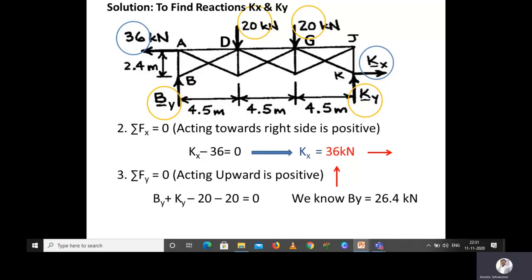So if we substitute By is equal to 26.4 kilonewton in the equation, we will get Ky as 13.6 kilonewton. Again our assumption is correct because we got the answer in positive. So now we have calculated all the reactions, that is By is 26.4 kilonewton, and Kx is 36 kilonewton, and Ky is 13.6 kilonewton.